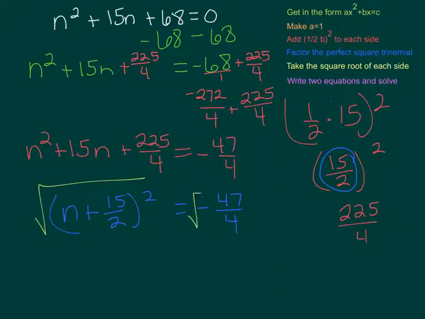Then we go to take the square root of each side. So n plus 15 over 2 equals, there's a negative, so we're going to pull an i out. We don't know the square root of 47. We do know the square root of 4 is 2, and then we need our plus or minus.